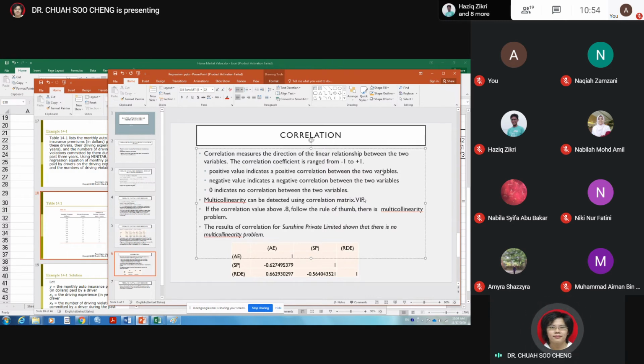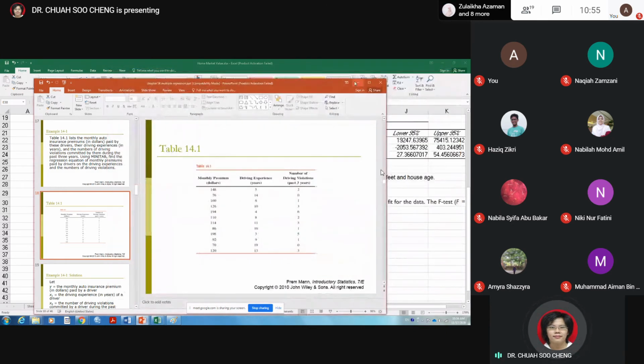When you get to econometrics, your lecturer will mention that. Following the rule of thumb, if the correlation value is above 0.8, there is a multicollinearity problem. Okay, so we look at this example.